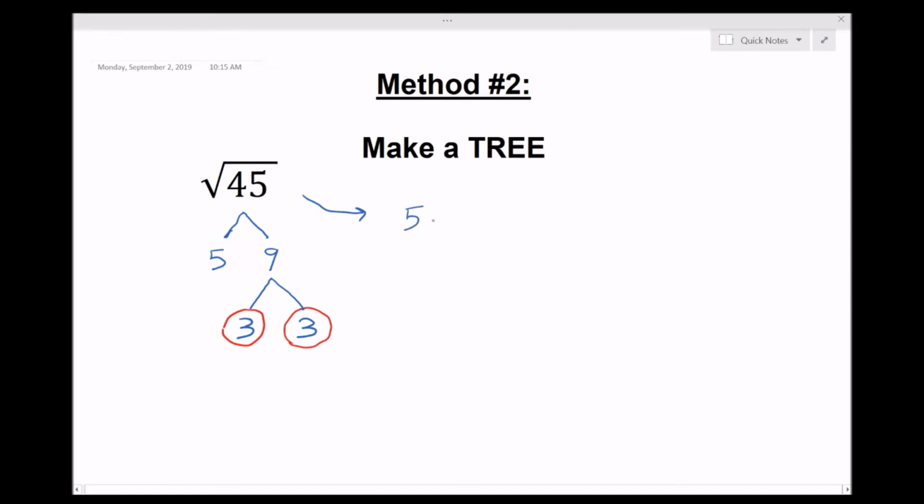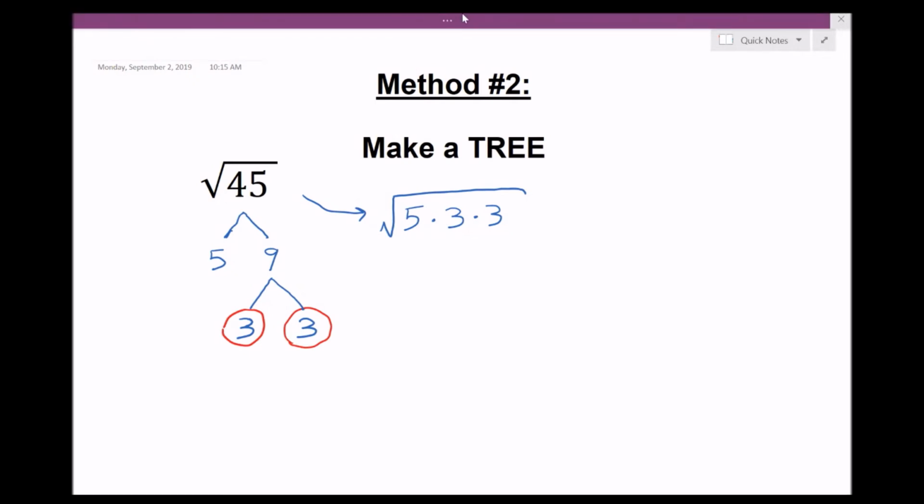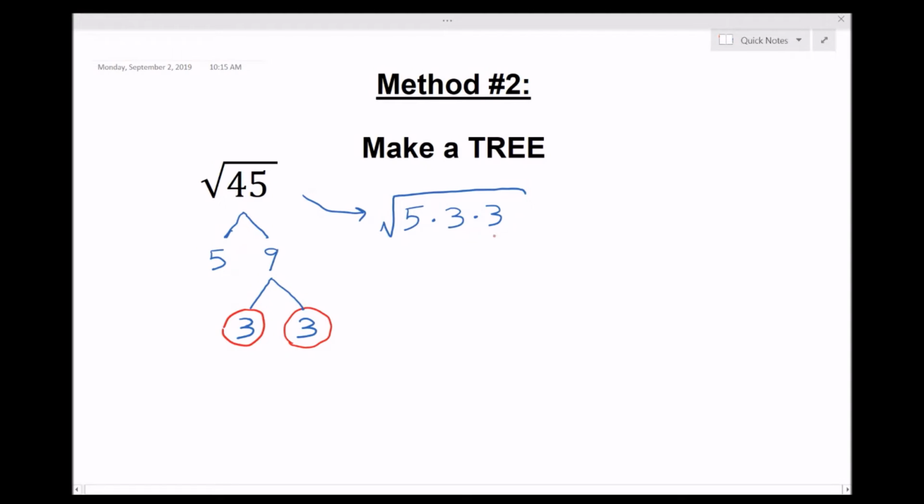And so what's happening with our pair here is we've just found that root 45 is actually 5 times 3 times 3, all under a square root. And we're going to take out that matching pair of 3s. What happens is we take this pair of 3s and it comes out of the square root.